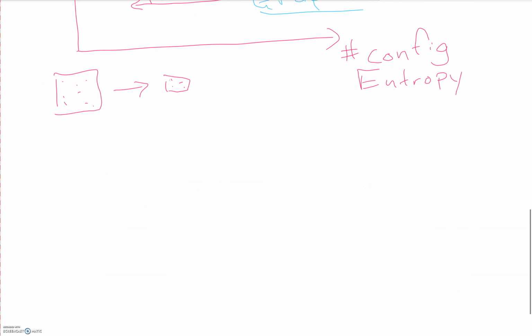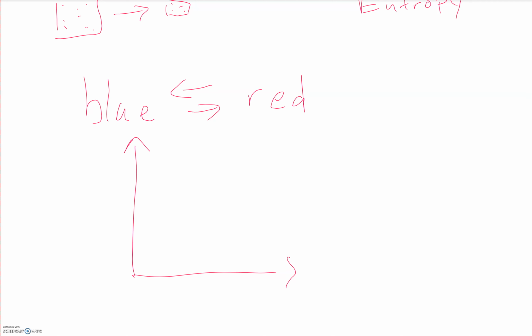So let's see what that means about the reaction that we're talking about. We're talking about going from blue stuff into red stuff. So we're not really sure what the diagram for this thing looks like, but let's suppose it looks something like this. If it did look like this, then you would be configurationally advantaged to go this way.